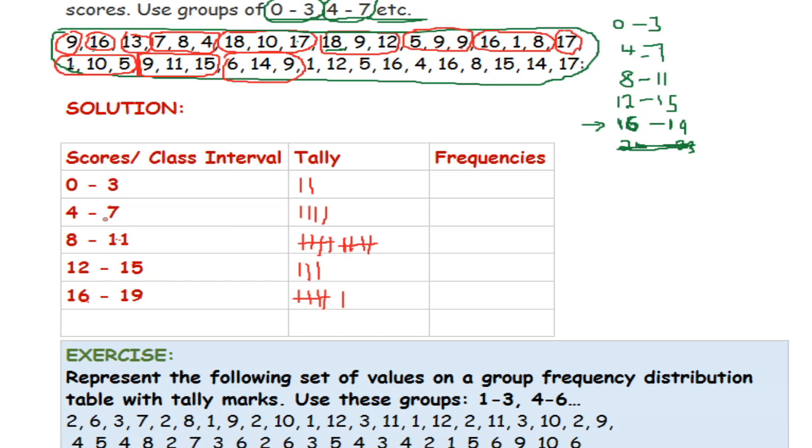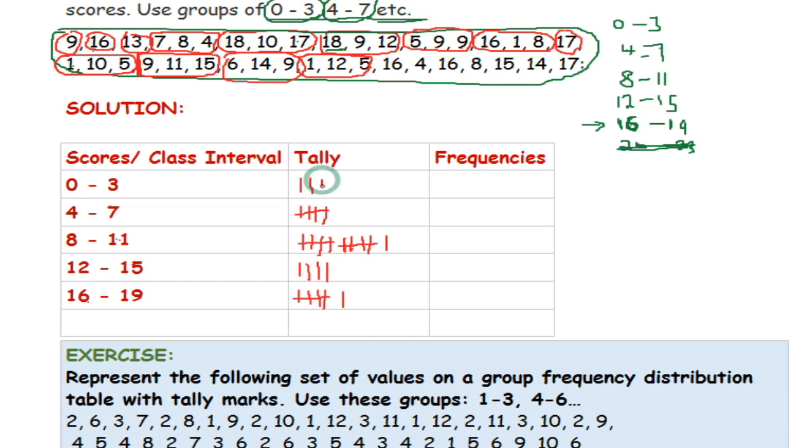Next is 6, 14, 9. So 6 can be found between 4 and 7 here. So cross it out to make it 5. 6, 14, 9. 14 can be found here, and there 9. 9 will be found here between 8 and 11. Next is 1, 12, 5. 1 will be found between 0 and 3.